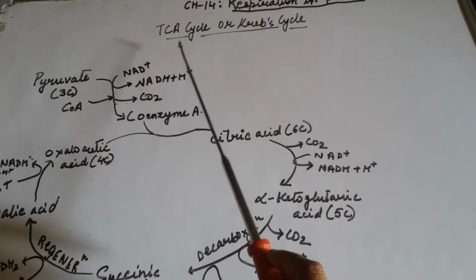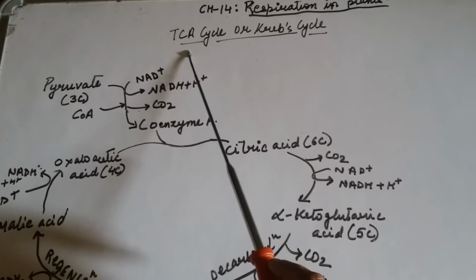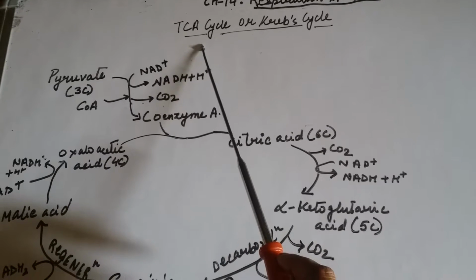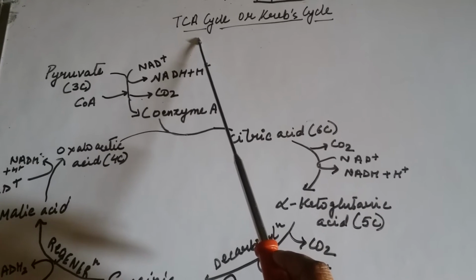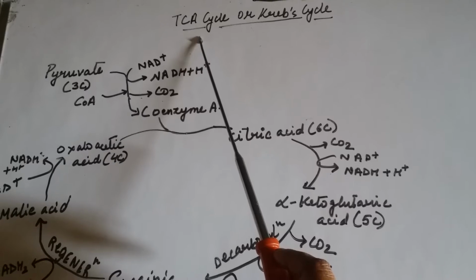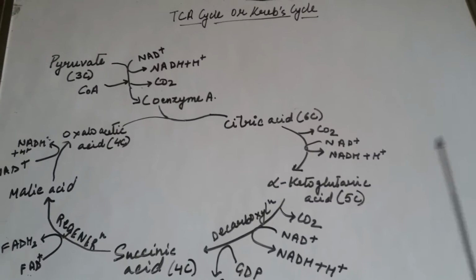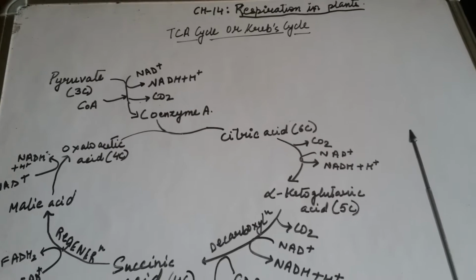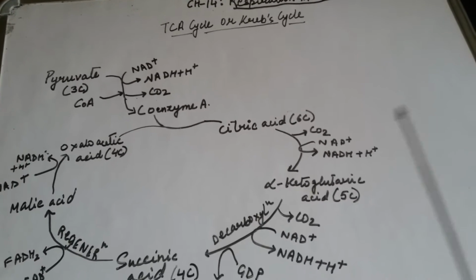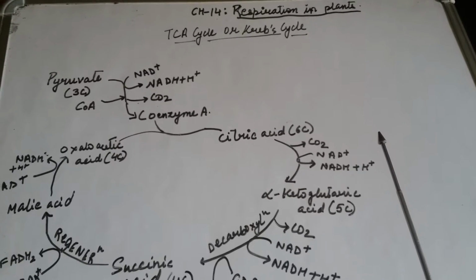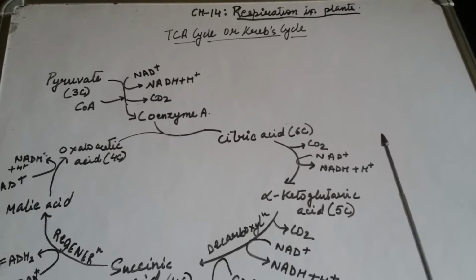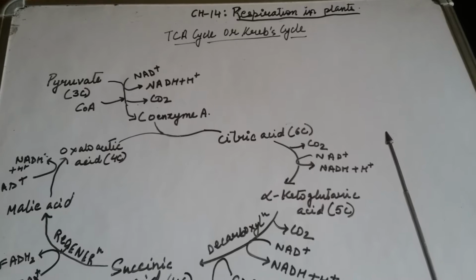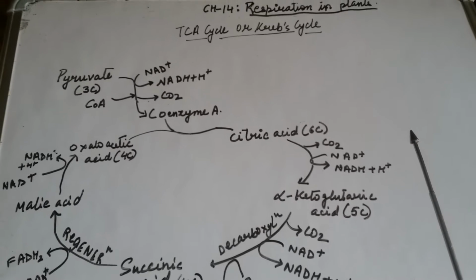Now the question comes, why is this cycle called the TCA cycle? The full form of TCA is tricarboxylic acid cycle. That means in this cycle there are 3 consecutive carboxylation reactions, and because of these 3 consecutive carboxylation reactions, the process is called the tricarboxylic cycle.